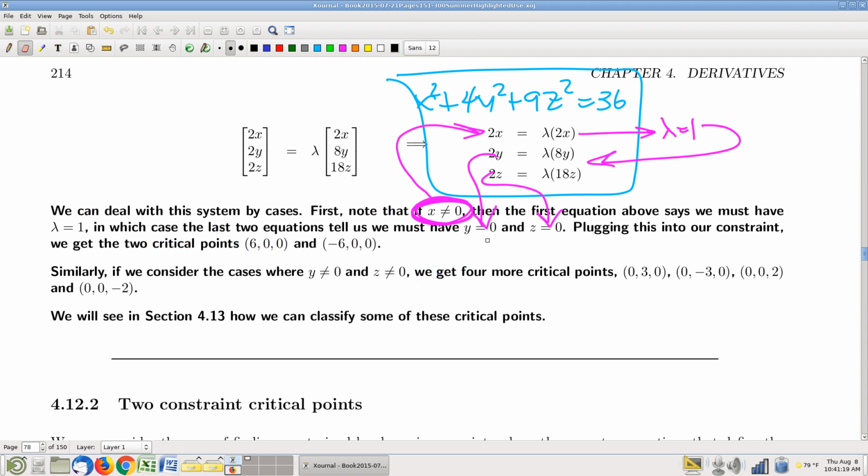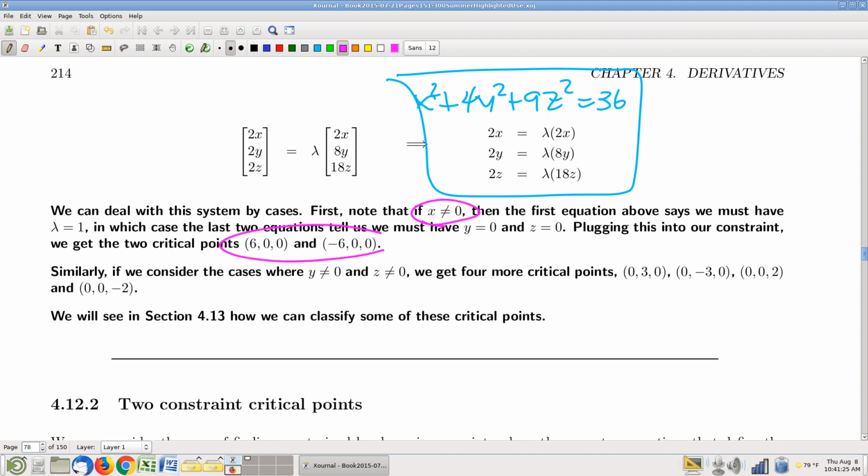But this process of considering the possibility that x is not 0 results in these two critical points that I would have completely missed had I been too fast and loose with the algebra. And that's just one case, the case where x is not 0. You could also consider y not 0.